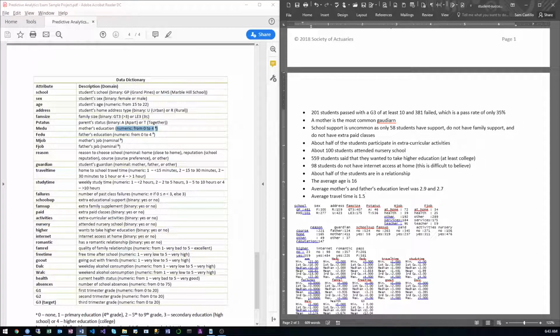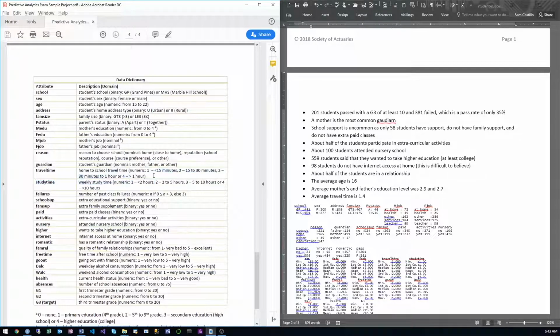Now it's interesting that these are numeric values when they're really referring to minutes. So it's 1 to 15 minutes, 15 to 30 minutes, 30 minutes to 1 hour. So they are in order.